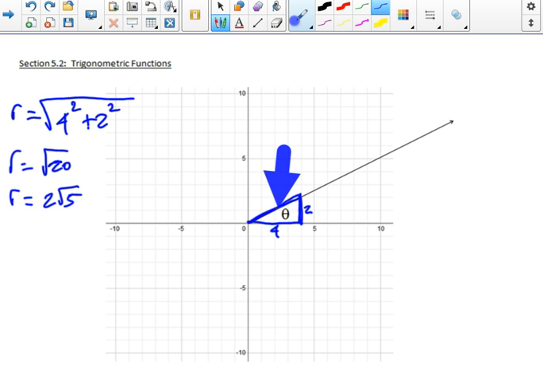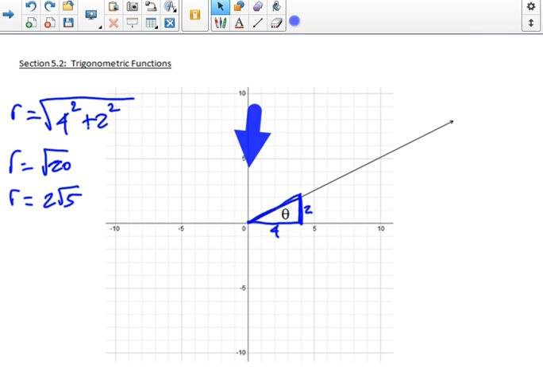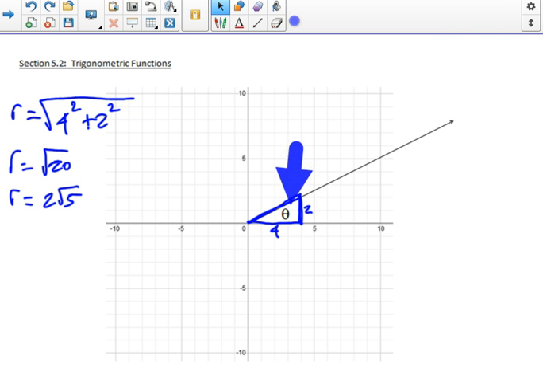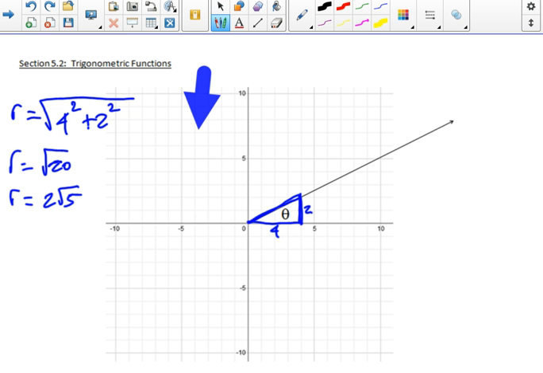Great, right? Then if we build another triangle using the same angle, can't stress that enough, we're going to use the same angle, we're going to build another triangle that's, say, over 6 and up 3. Now, what would its r be?